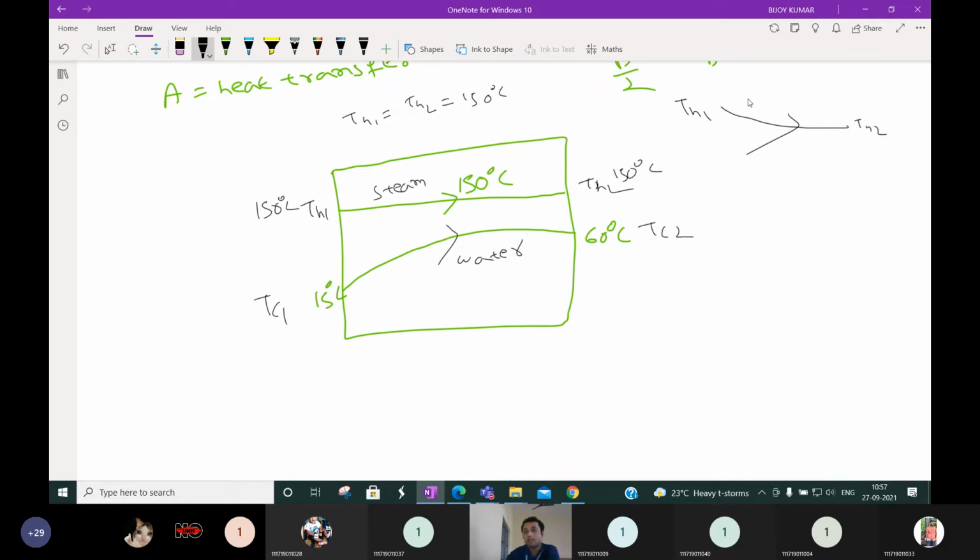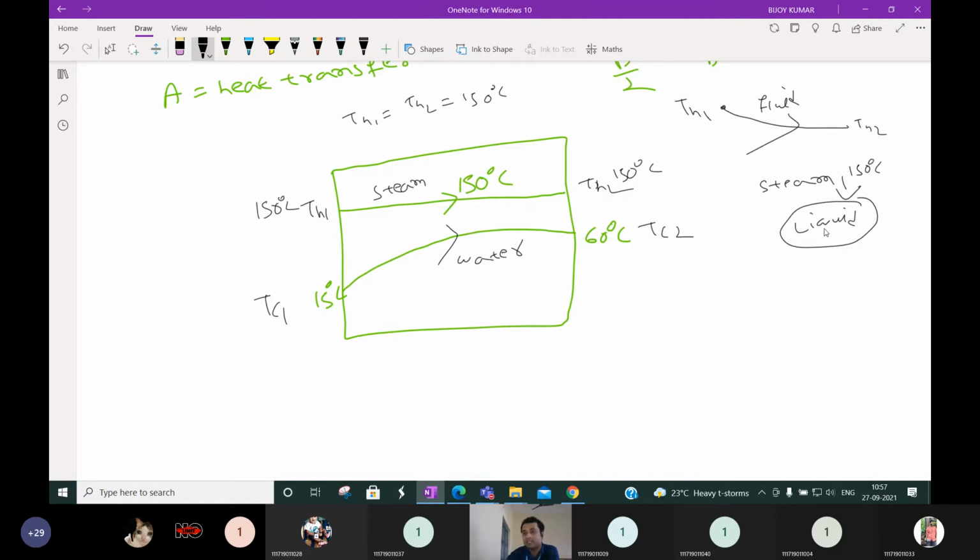If it is a fluid, the temperature is continuously decreasing. But in case of steam, as soon as the temperature decreases below 150 degrees centigrade, the steam will convert to liquid by condensing. But the steam temperature is fixed at 150 degrees centigrade.